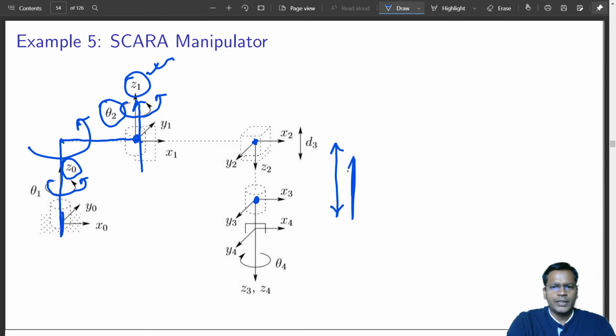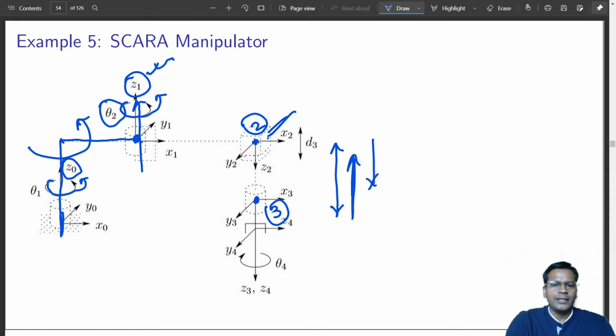Either it can go up or down with respect to point 2 in space. So point 3 can go vertically up and down with respect to point 2, if everything else is stationary.